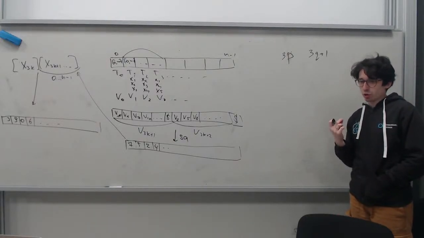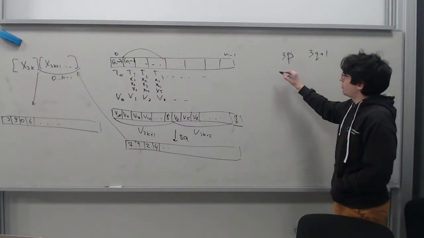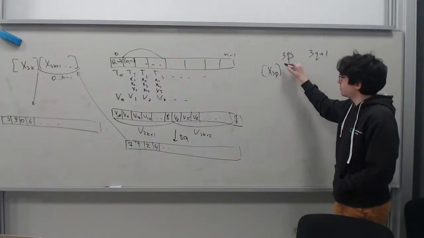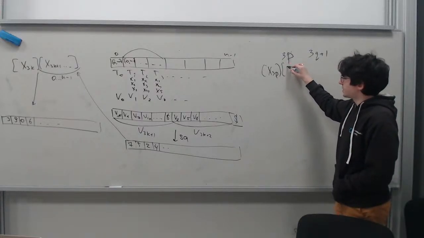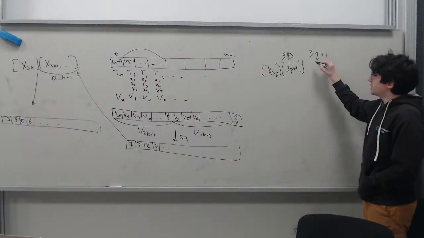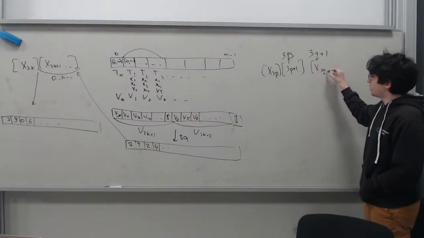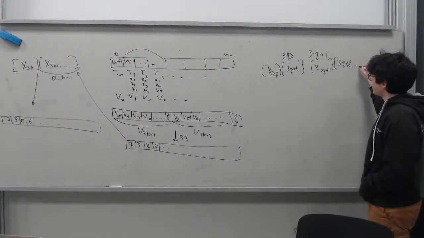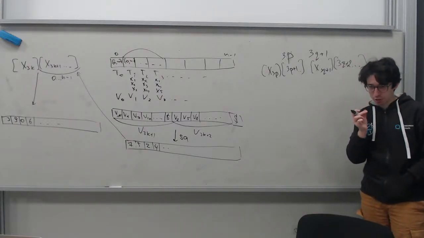Luckily, we can compare in constant time. 3p is the pair x3p and the suffix that starts with 3p plus 1. And this one is x3q plus 1 and the suffix with 3q plus 2.